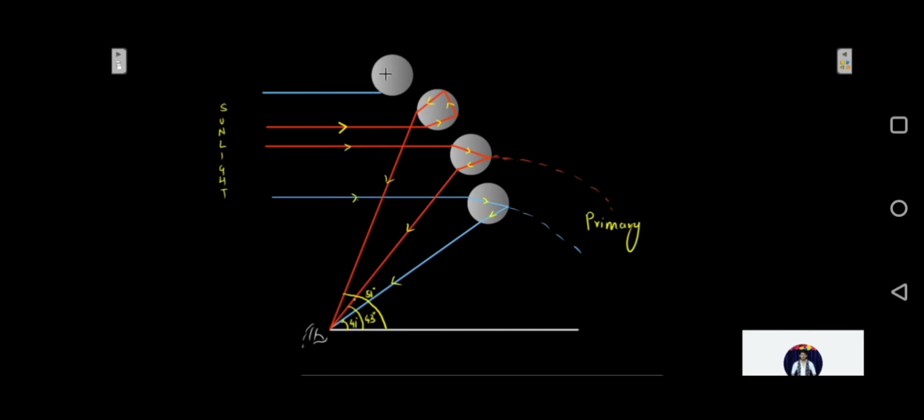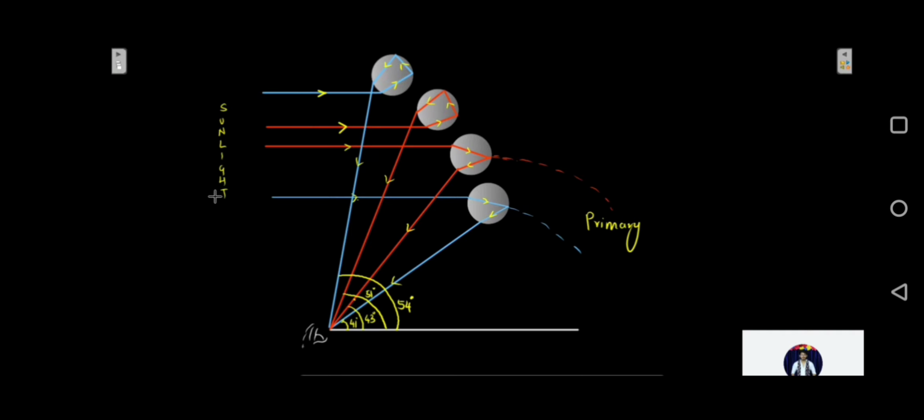It gets refracted, first reflection, second reflection, second refraction, and then comes to the observer, making a cone at the observer's eye. This angle is going to be 54 degrees.